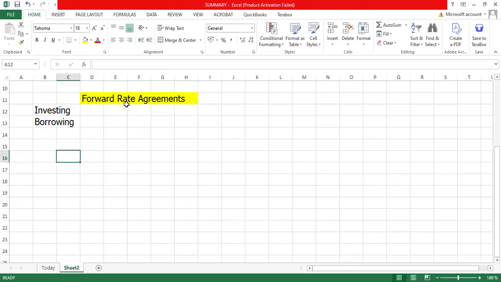So if it's the forward rate agreements, as I said, here you want to fix the rate. You can agree, I want the rate to be, let's say, at 5%. Maybe you agree with the bank that the rate should be 5.